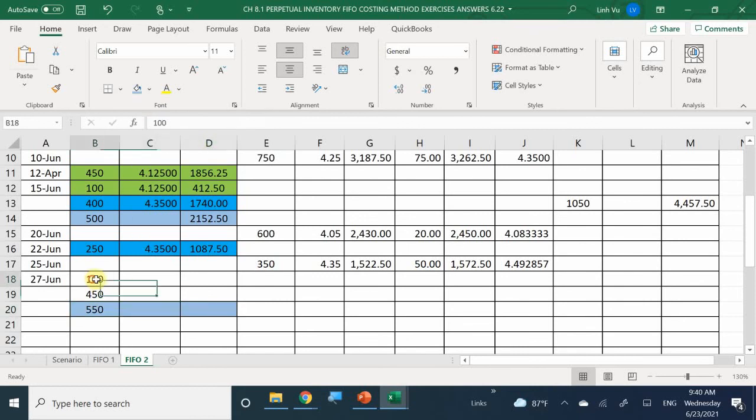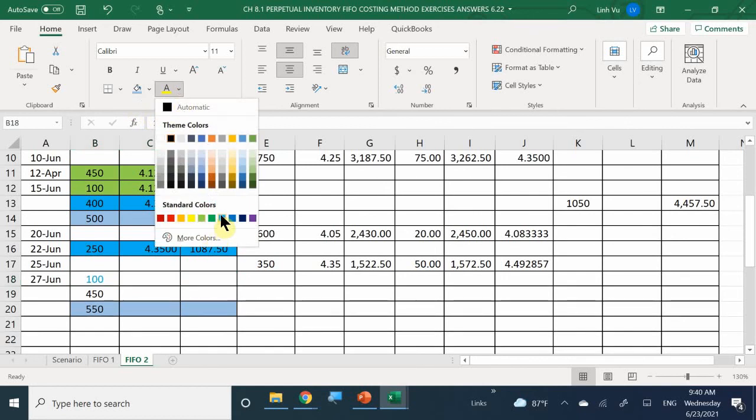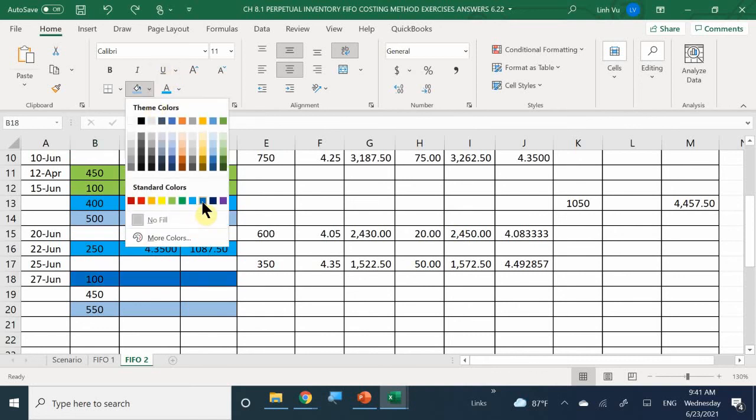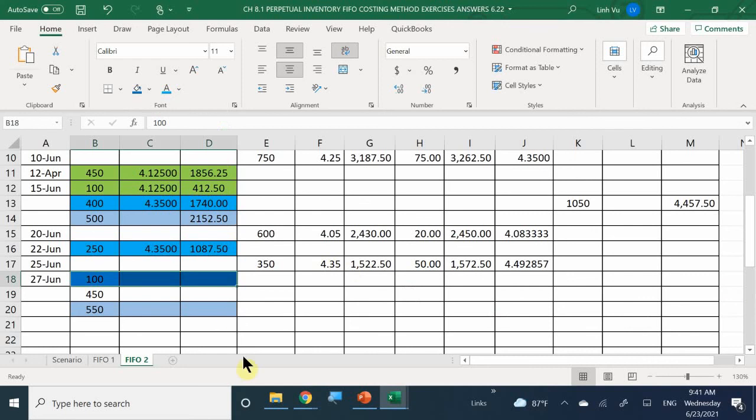So as we know, right, this 100 is going to come from our blue batch, which we know to be the 100 items that are there.